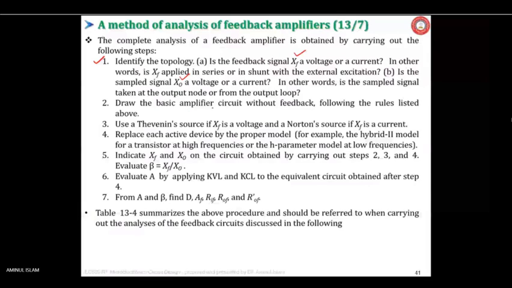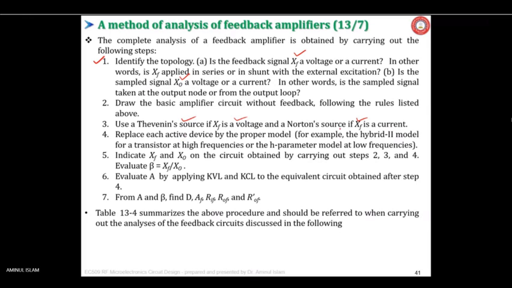Draw the basic amplifier circuit without feedback following the rules listed above. Use a Thevenin source if Xs is voltage and use a Norton source if Xs is current. We know what this Thevenin voltage or Norton current method is.